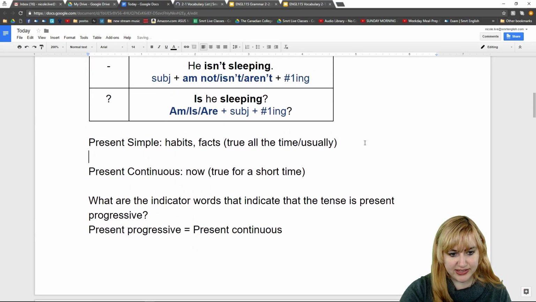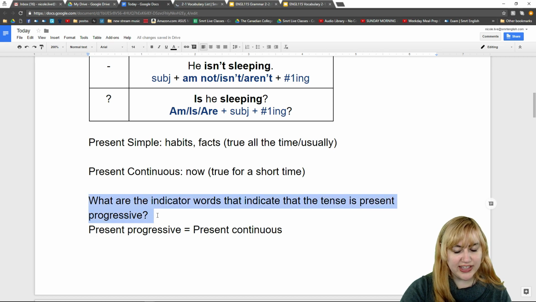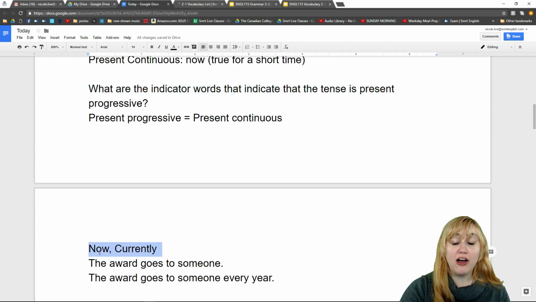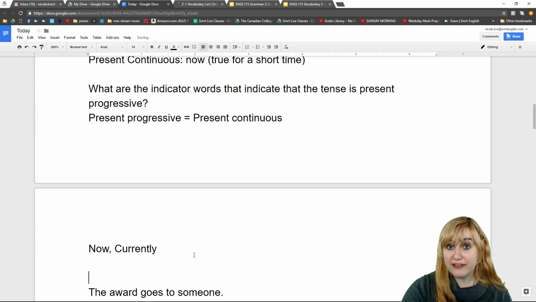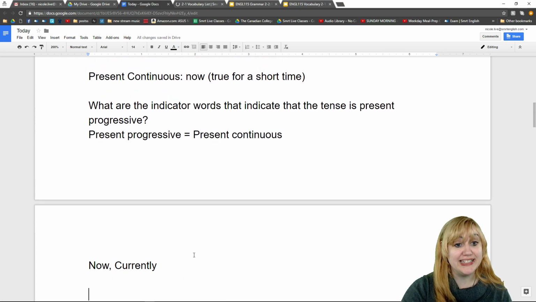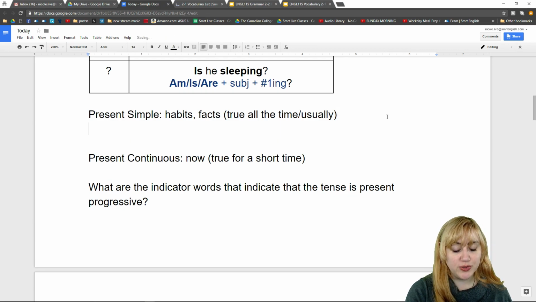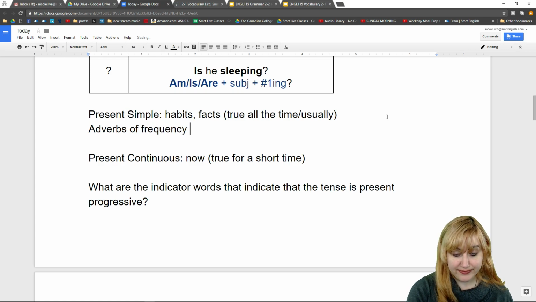and actually let me put this here. Rosa asked, what are the indicator words that indicate that the tense is present progressive? And I answered that we often use words like now or currently. We also have indicator words for present simple. Present simple, we often use adverbs of frequency.